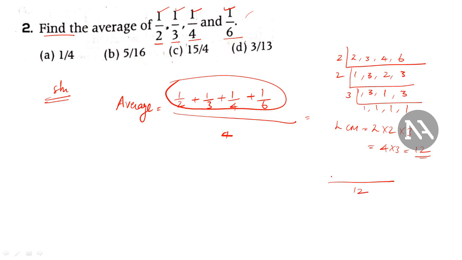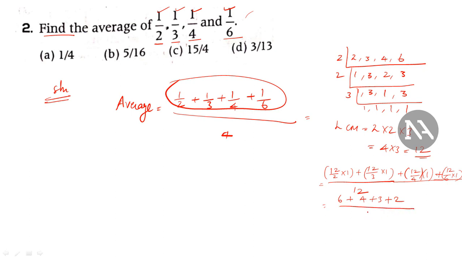Now here 12 divided by 2 into 1 plus 12 divided by 3 into 1 plus 12 divided by 4 into 1 plus 12 divided by 6 into 1. So I can write this as 6 times plus 4 times plus 3 times plus 2 times.